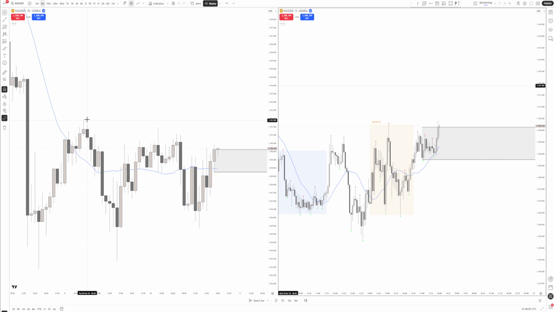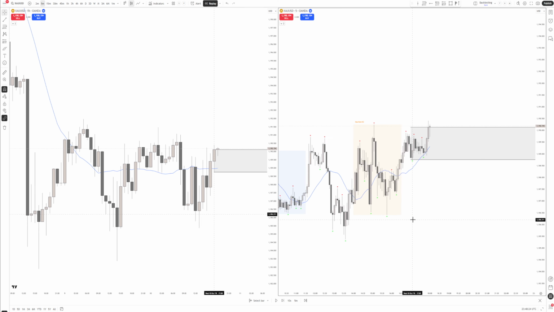If the 1 hour 20 moving average and the 5-minute 20 moving average are not in sync, then we won't take that trade. So let's say, for example, we are above the moving average here, but on the 5-minute we're below. That's a no trade. So we have to be in sync with both time frames.